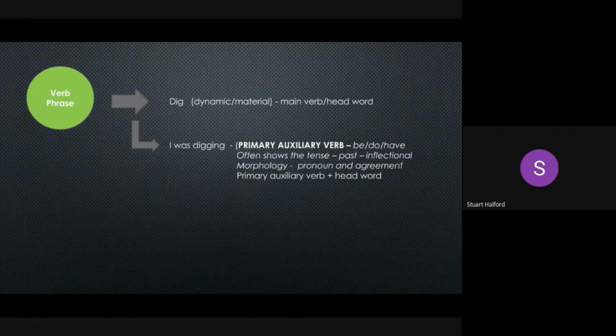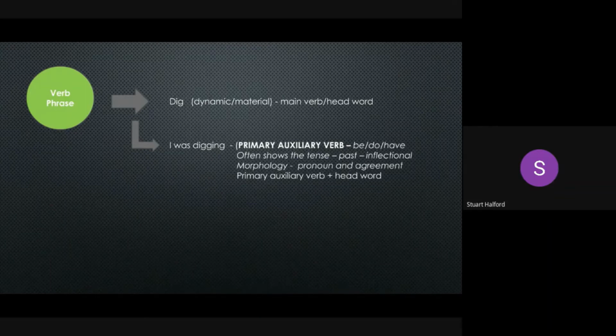We're going to add what's called a primary auxiliary verb. And this includes the verbs to be, to do, to have. And often this shows the tense, the time at which it was taking place. So I was digging. And again, this is an example of inflectional morphology. It's not actually doing anything different to the verb. We're just giving detail.